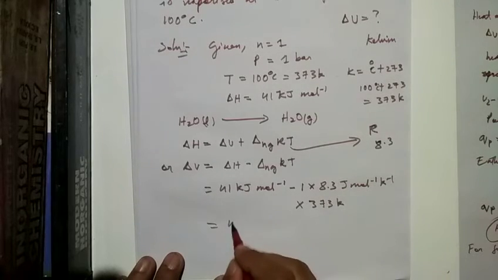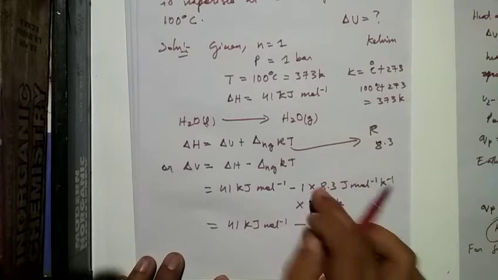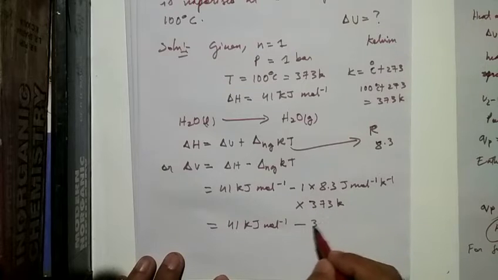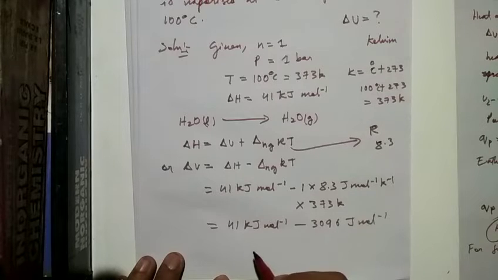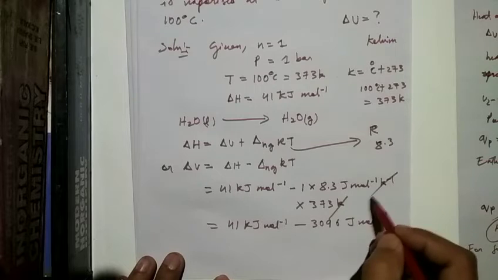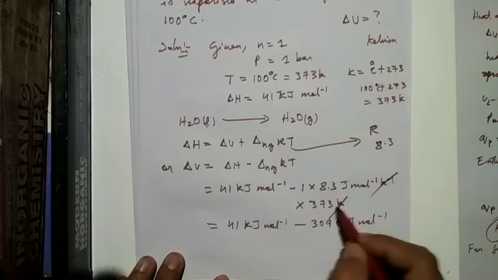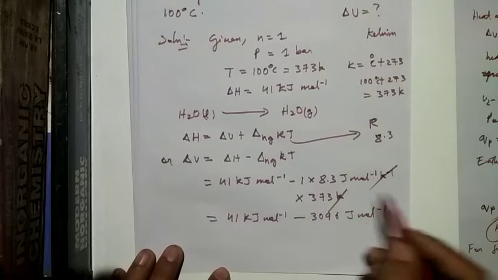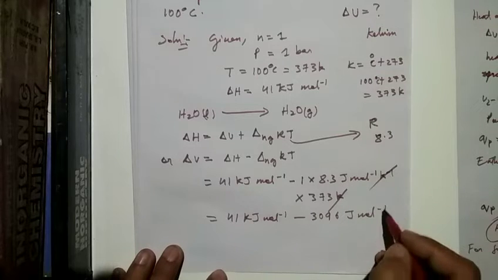So you will get 41 kilojoule mole inverse minus, you multiply these two, and you will get 3096 joule mole inverse. Kelvin inverse and Kelvin you can cancel, so you will be left with joule mole inverse.